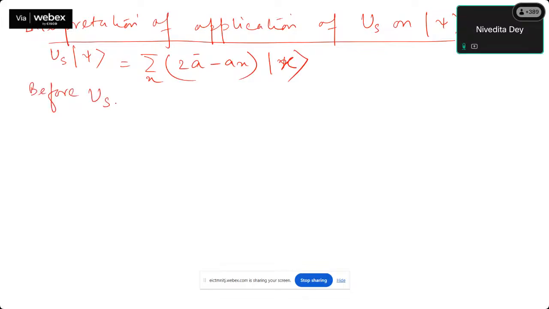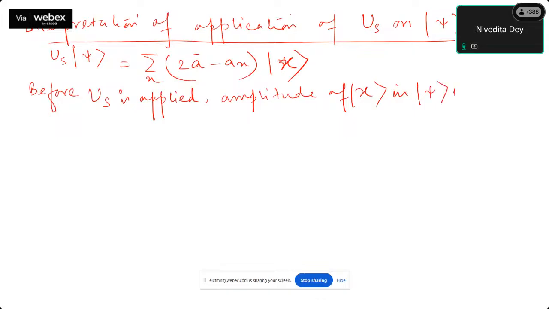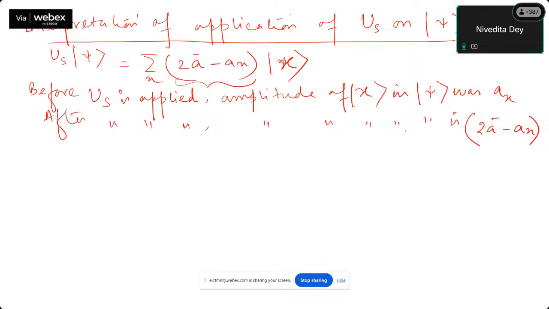Before this US operator is applied, what was my amplitude of x in psi? It was only ax. After US is applied, the amplitude of x in psi is 2A bar minus ax. Initially it was only ax times ket x; now it is 2A bar minus ax times ket x.